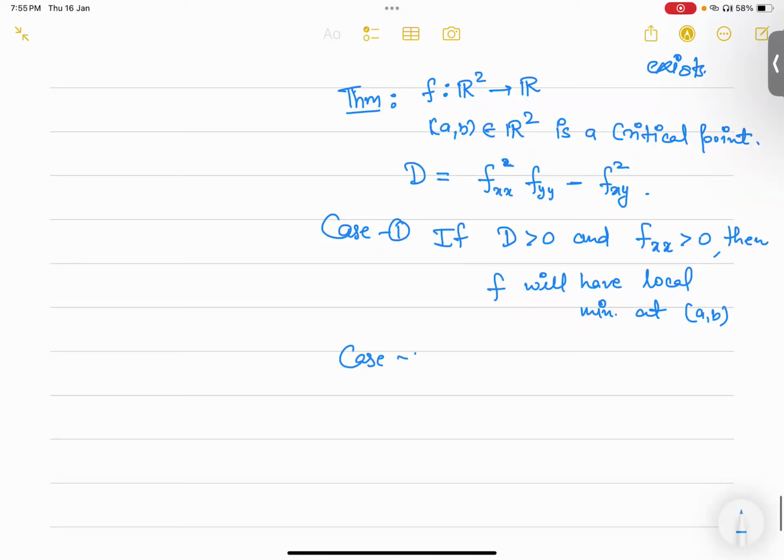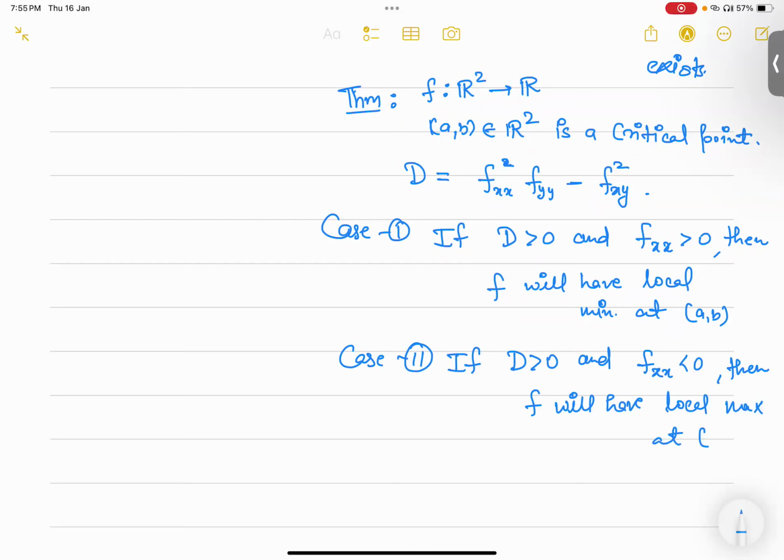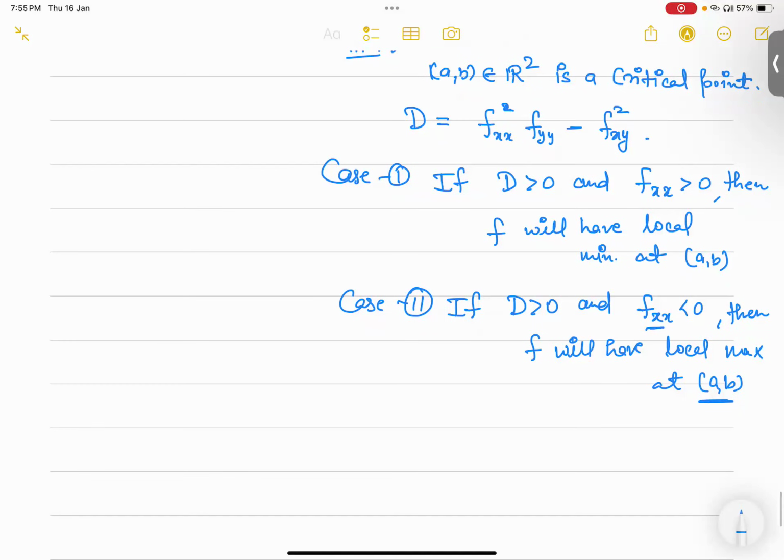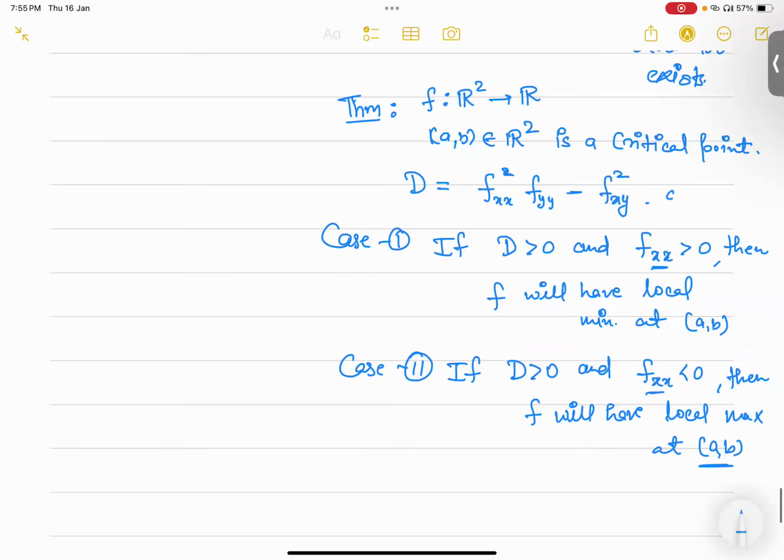Now the second case: if D is greater than 0 and fxx is less than 0, then f will have a local maxima at (a, b). Everything, these partial derivatives too, is calculated at the point (a, b).